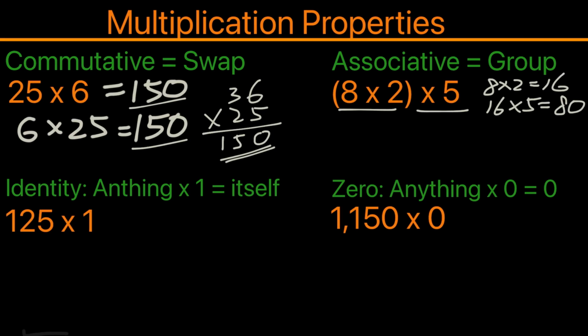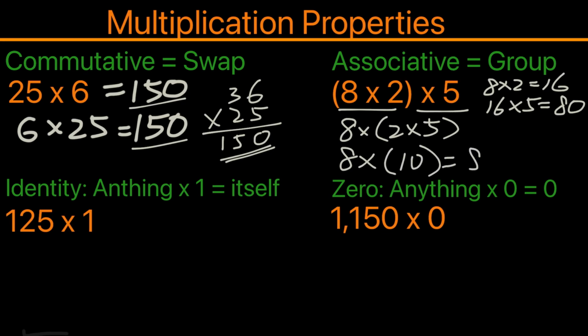With associative property, say we're going to group them in a different way, where we take 8 times, this time we're going to group 2 and 5 instead. And we'll see 2 times 5 is 10, and 8 times 10 is 80.